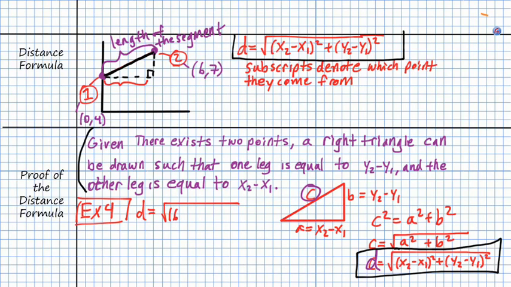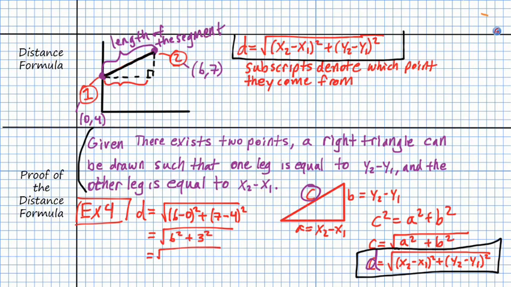So parentheses 6 minus x1, which is 0, squared, plus y2, which is 7, minus 4, squared. And then this is going to be equal to the square root of 6 squared plus 3 squared.